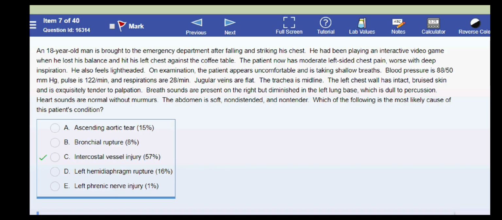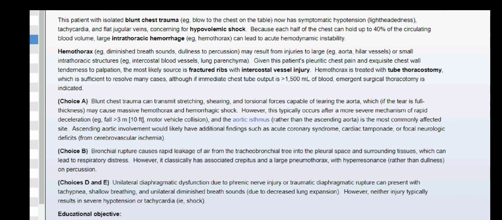Because we see here the tenderness, and this problem is not hemidiaphragm rupture. When you see left hemidiaphragm rupture, we'll see the stomach goes up into the lung, etc. So it has not happened at all.